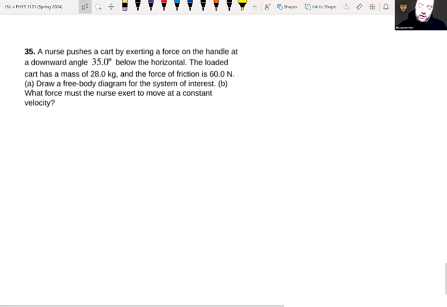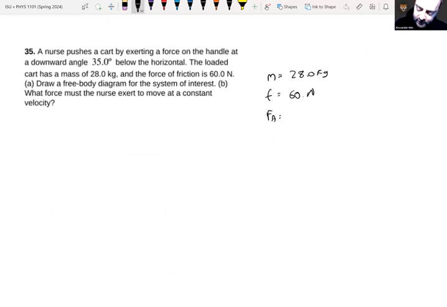The loaded cart has a mass of 28.0 kilograms, so I would just write that down. Friction is equal to 60 newtons. And the applied force, we don't know what that is, but it's at 35 degrees below horizontal.